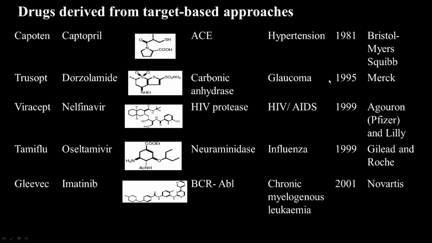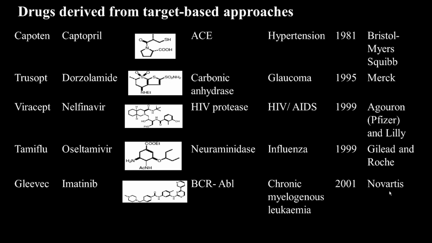HIV protease, nelfinavir, Pfizer and Lilly. Oseltamivir, influenza. Imatinib, chronic myelogenous leukemia, Novartis. So these are just some examples. There could be many more, but I am saying that it's possible to look at target-based approaches.